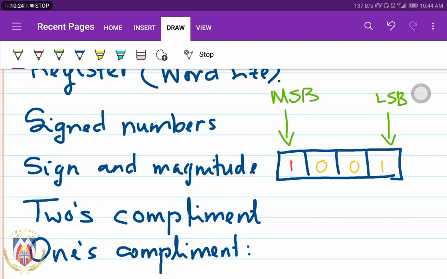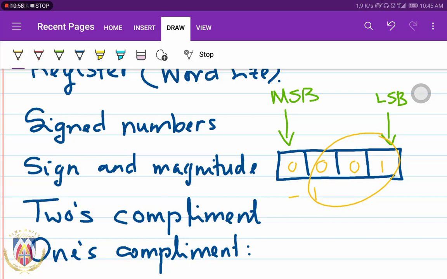So this would be a positive 1. The same will be true for a negative. We would put a 0 here and a negative 1 like that. But this method has a lot of disadvantages, so most computers tend to use the alternative method, which is called the 2's complement.